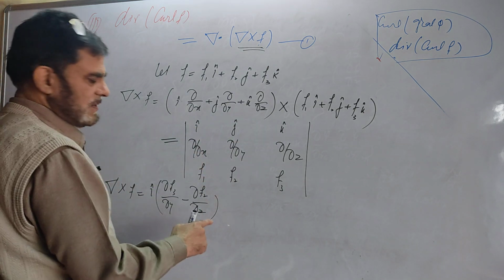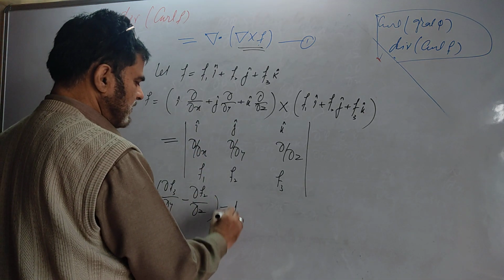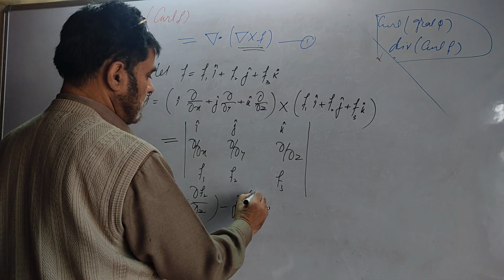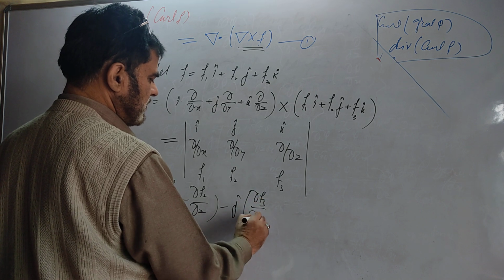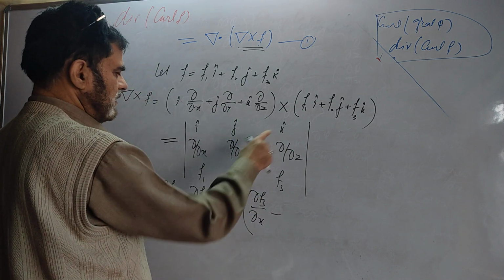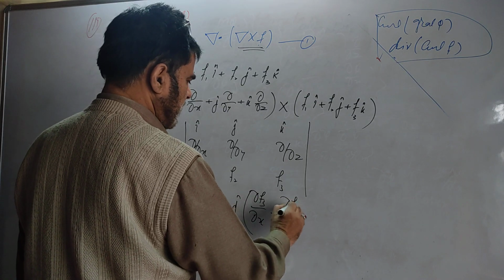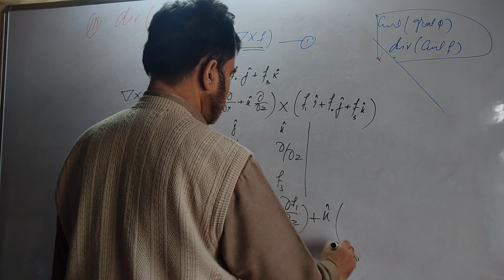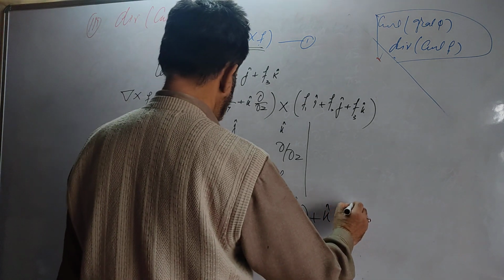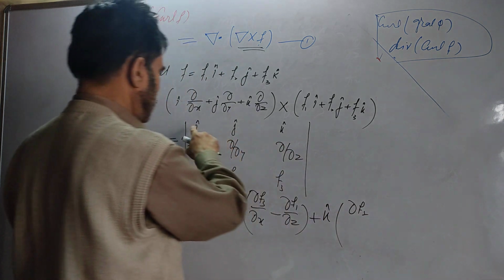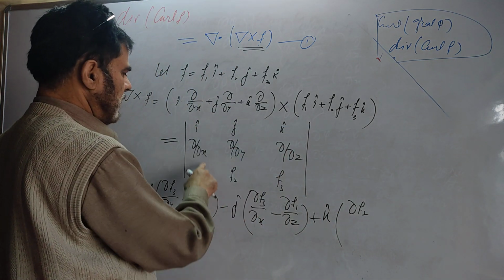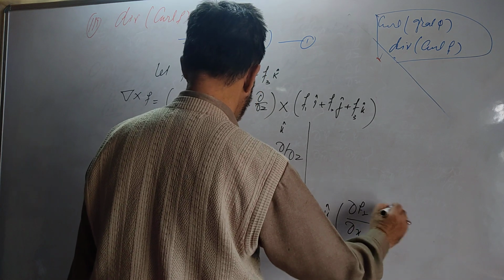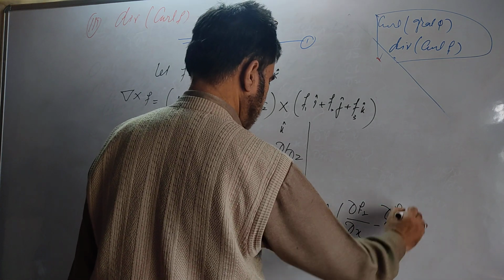I am operating this determinant, then minus j times, delete this column and this row, it is dou f3 by dou x minus dou f1 by dou z, then plus k times unit vector k, it is dou f2 by dou x minus dou f1 by dou y.